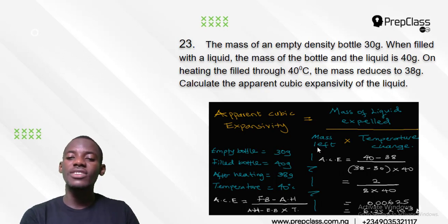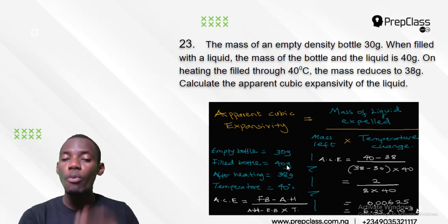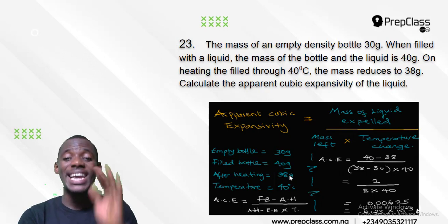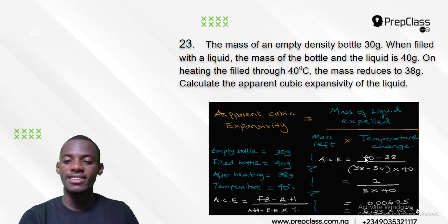Now the mass left is just the difference between the mass after heating and the mass of the empty bottle, times the temperature. The mass expelled is therefore 40 minus 38, that is the mass of the full bottle minus the mass of the bottle after heating.